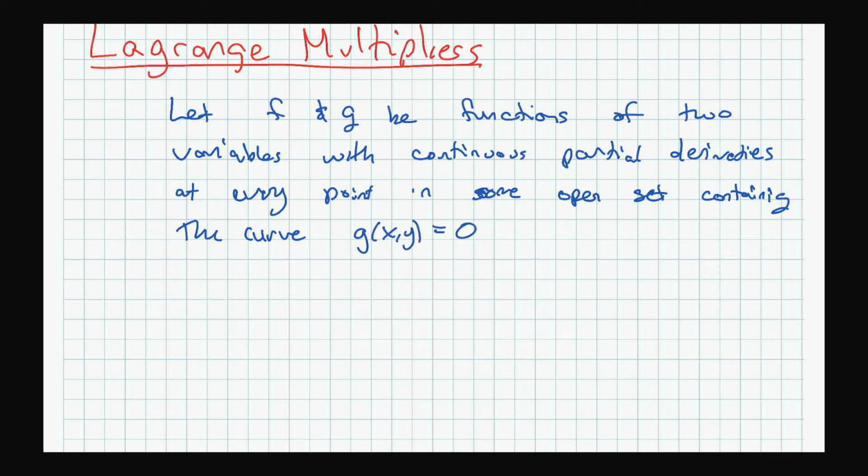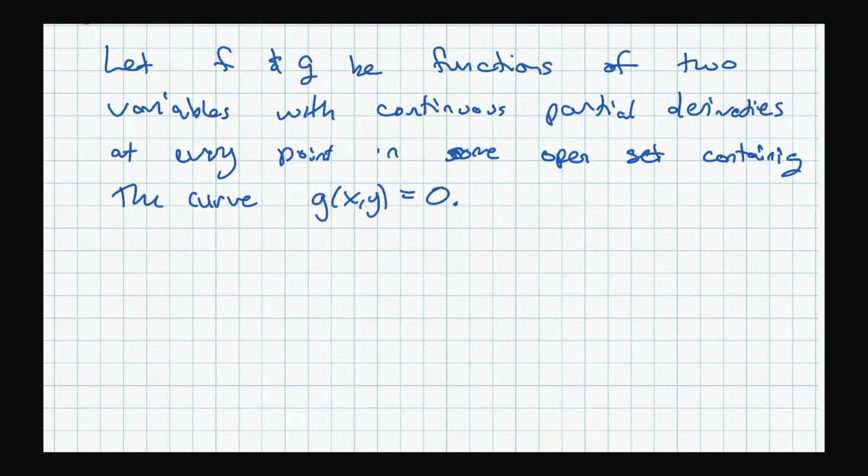So that's your constraint. Basically, what we're saying is we need the derivatives to all exist and be continuous and smooth and everything like that on the curve and around the curve. And the curve is just the constraint anyway, so we're only looking at the constraint. If the constraint's fine, everywhere we care about is fine.